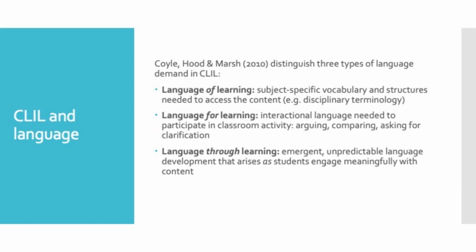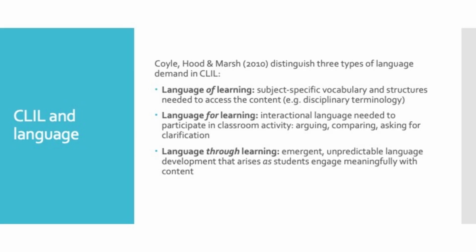One of the theoretically interesting things about CLIL is how it is conceptualizing language itself. Coyle, Hood, and Marsh distinguish three layers of language demand that operate simultaneously in a CLIL classroom. Language of learning refers to the subject-specific vocabulary and structures needed to access the content, the disciplinary terminology, the genre conventions of a particular field.